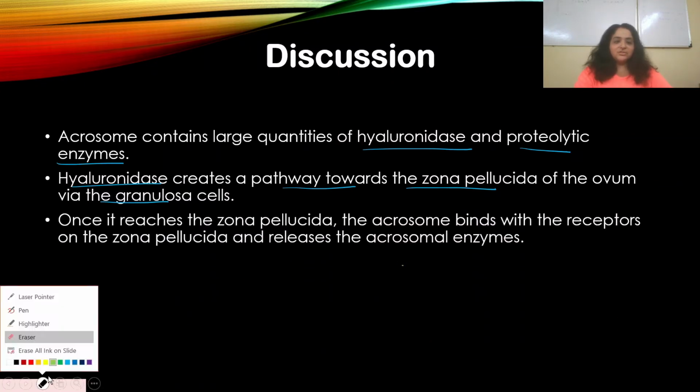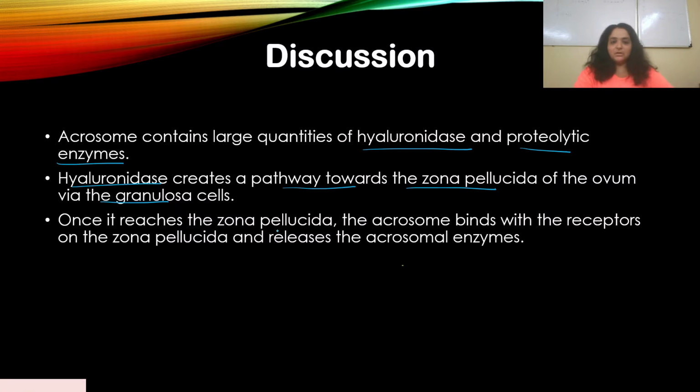So once it reaches the zona pellucida, the acrosome binds with the receptors on the zona pellucida and releases the acrosomal enzymes. Once it has crossed the granulosa cells, it will reach the zona pellucida. Zona pellucida is an acellular layer made of glycoprotein, and there are some receptors present on it.